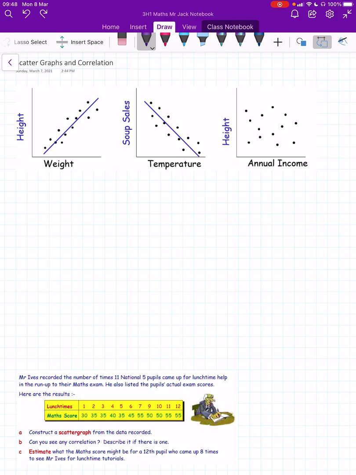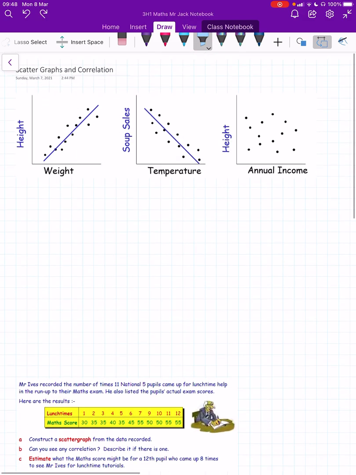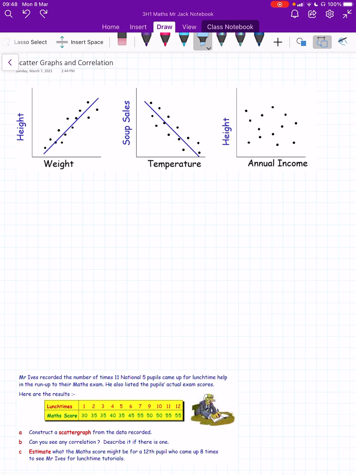And there tends to be three possible scenarios. They are down here. So let's just look at this first one here. We're looking at, is there a correlation between height and weight? Now, just thinking logically, you would expect there to be some relationship between these two things.